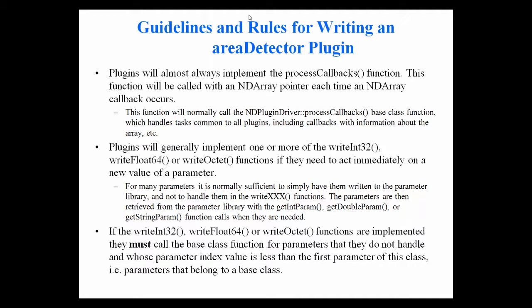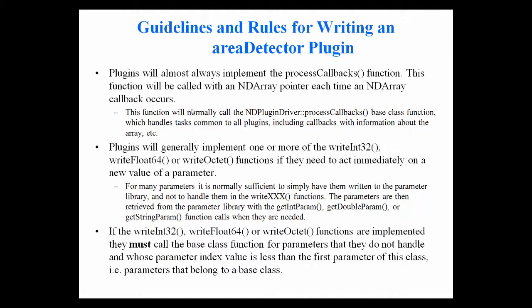And generally then what the derived classes do is they implement a process callbacks function. This function is called with an ND array pointer each time a new array callback occurs. Your derived class should call the base class process callbacks function, which handles tasks common to all plugins, including callbacks with information about the array and so on.